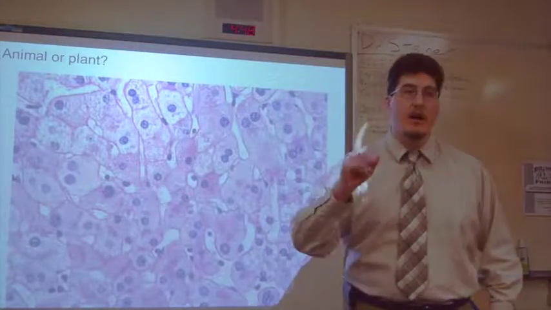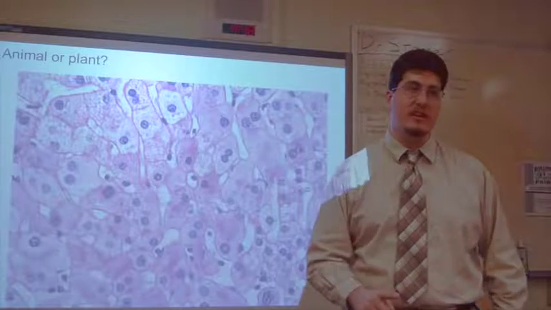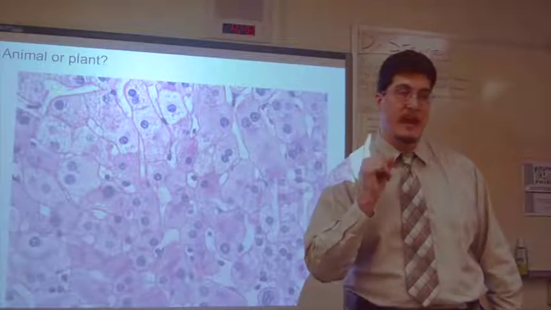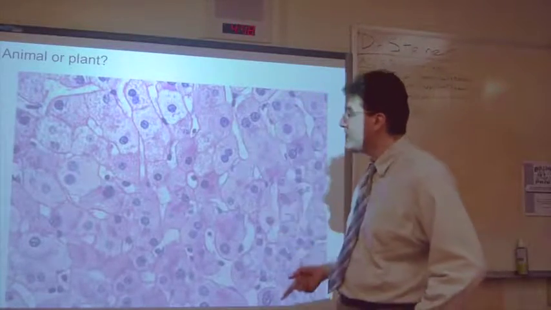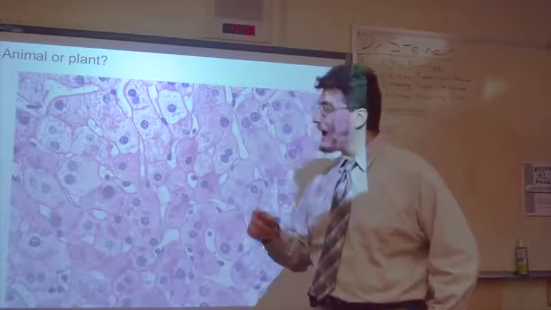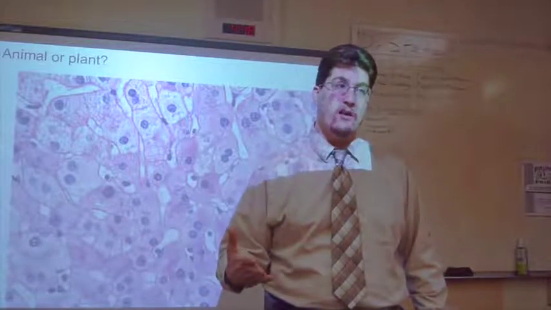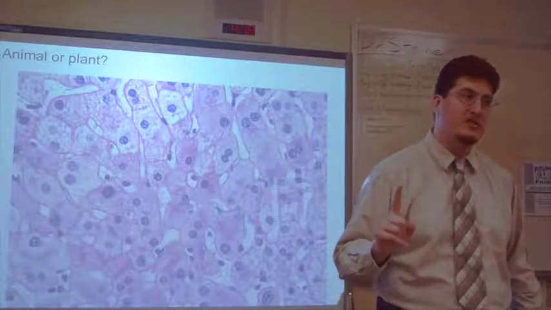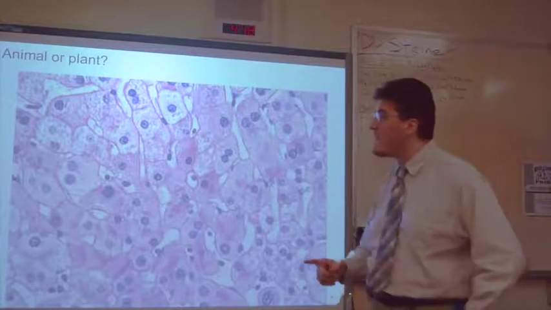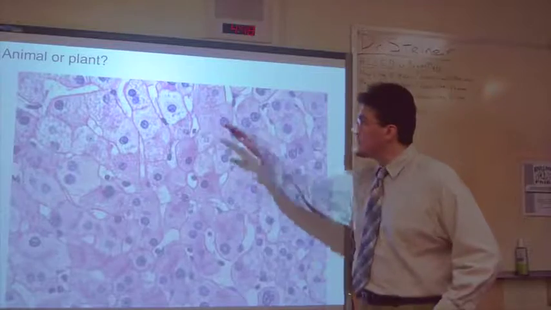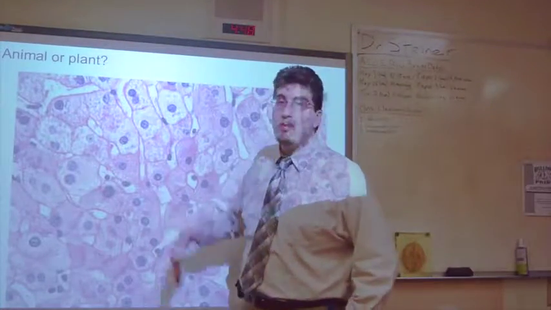But by a lack of plant characteristics, you can tell that this is an animal cell. It lacks a cell wall. So if you are asked, just blanket, if this is an animal or a plant, not by what observable features are there, then you can say with confidence this is an animal cell, because there is no cell wall here. There is no space between cells.